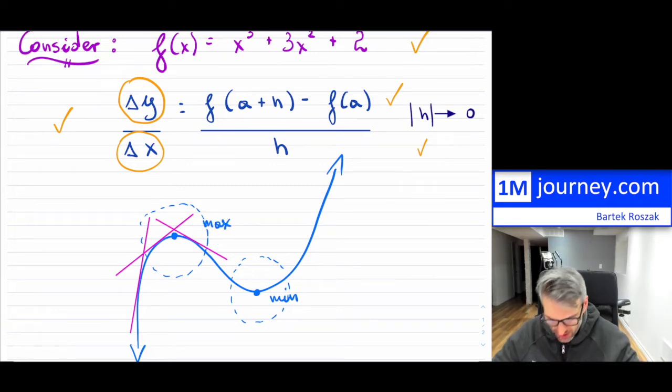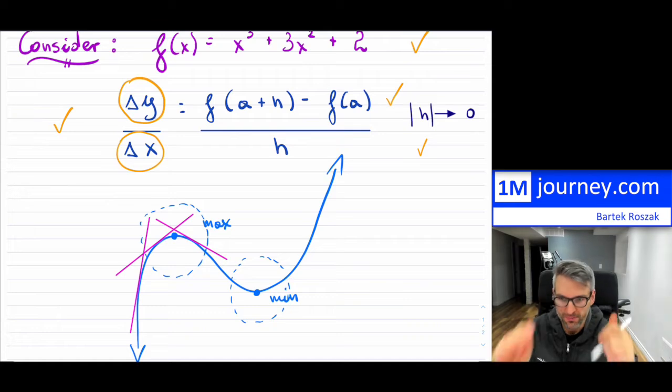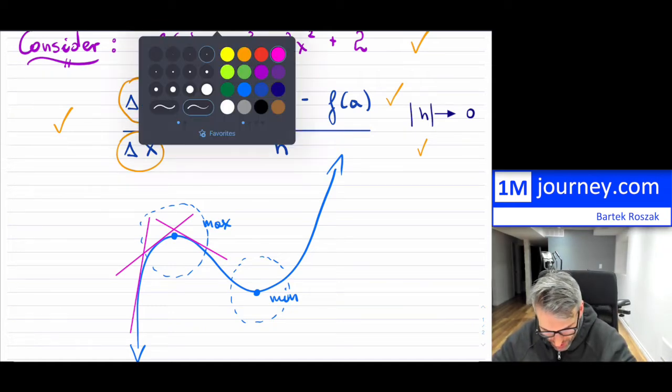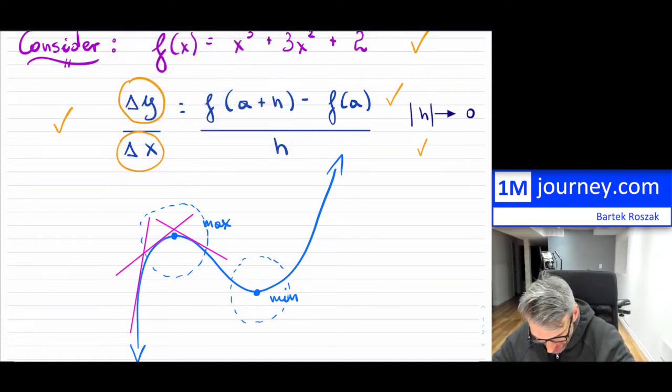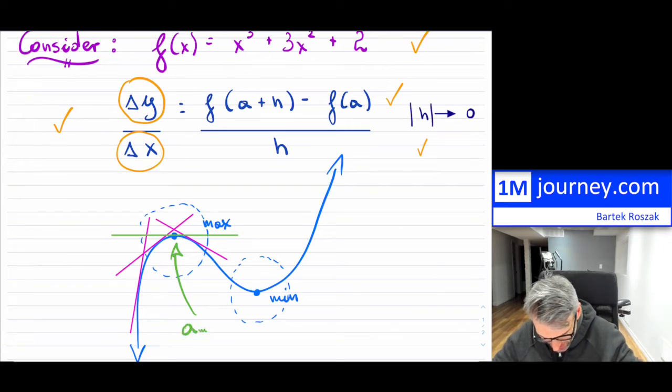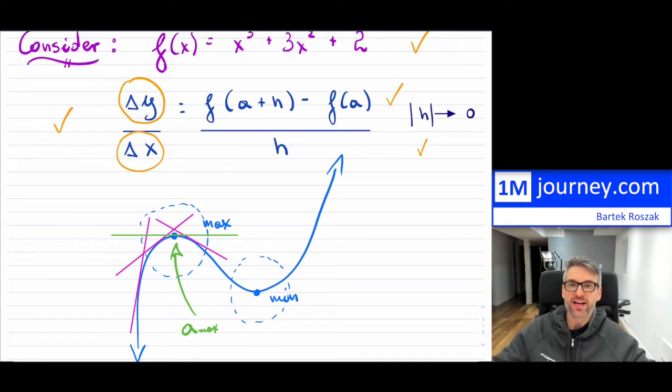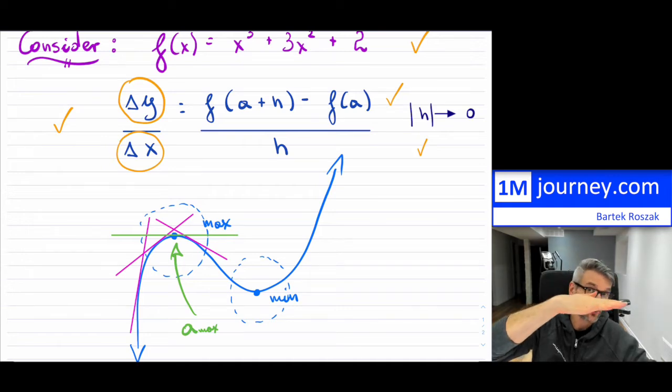So around the maximum, we can guess that at this point, let's say this was your point a, and this is your max, the tangent, the instantaneous rate of change at that point, is 0. You can see that because the slope is changing from steep, to less steep, to less steep, so it has to flatten at some point so that it changes direction.